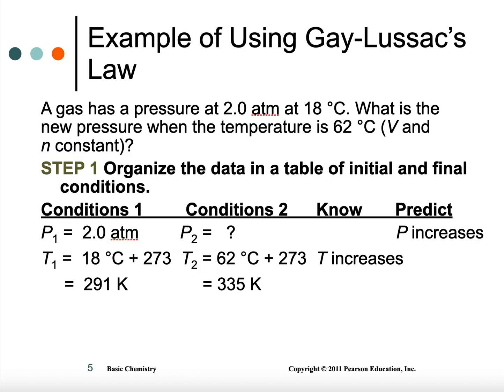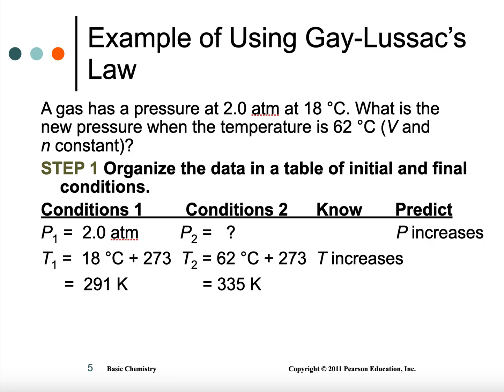Okay, so just examples. 2 atmospheres, 18 Celsius. What's the new pressure when the temperature is 62 Celsius? Now here's something to keep in mind. You must have Kelvin temperature to do this. So to turn Celsius into Kelvin, you're going to add 273 degrees.